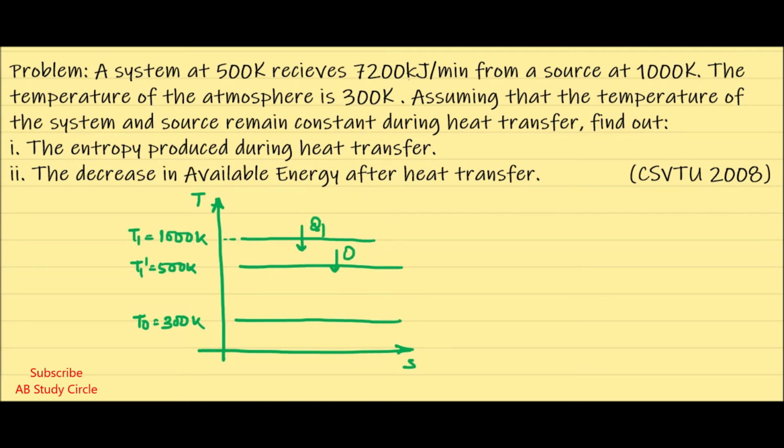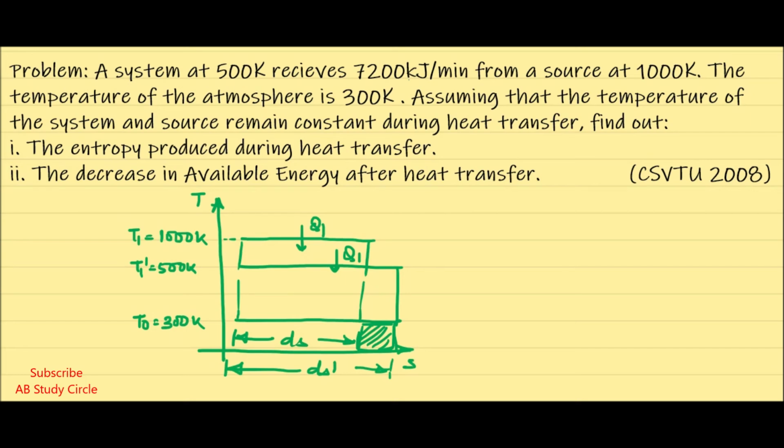The system is taking Q1 amount of heat, which is rejected by the source, and after doing work, it will reject heat to the atmosphere. Due to this we have dS dash, the entropy change for this whole system, and this part is the loss or decrease in the available energy.